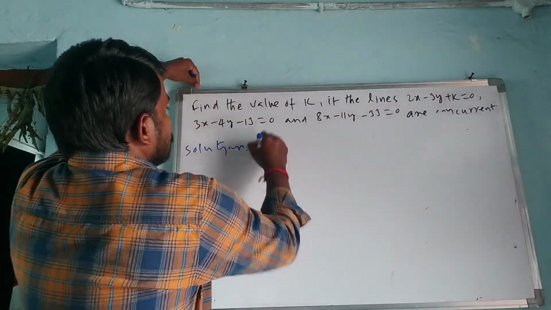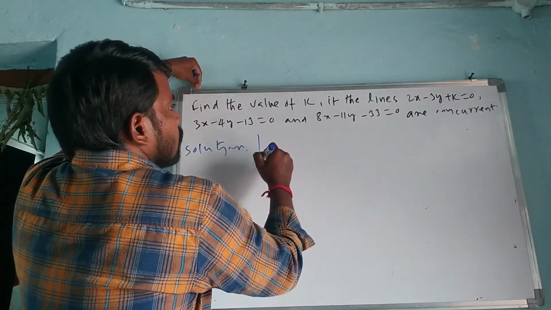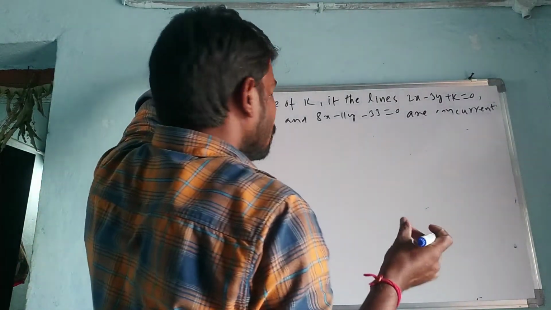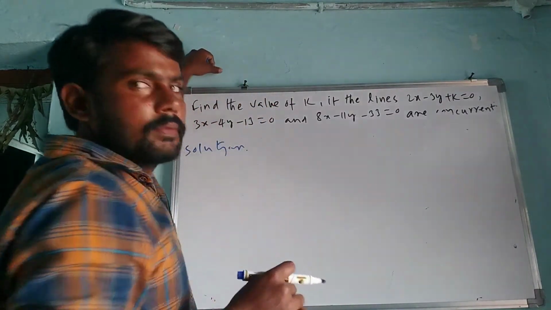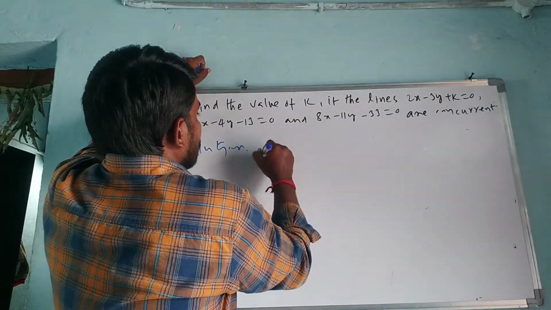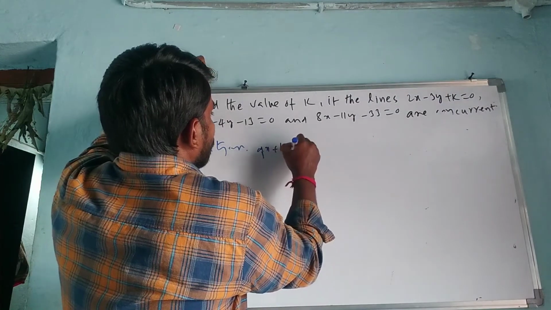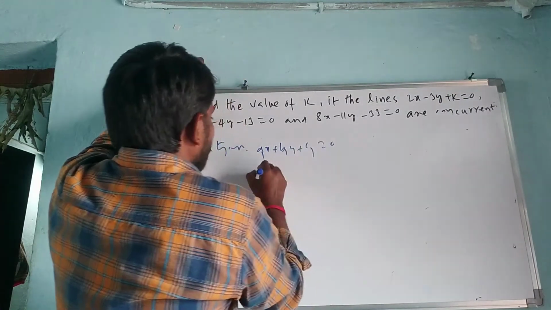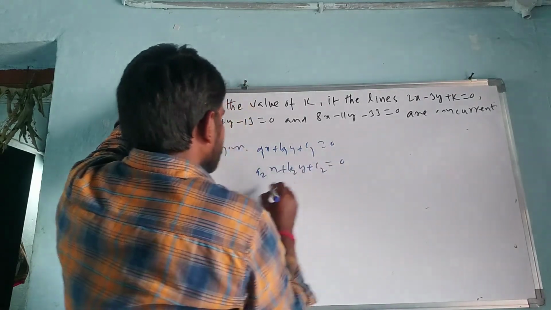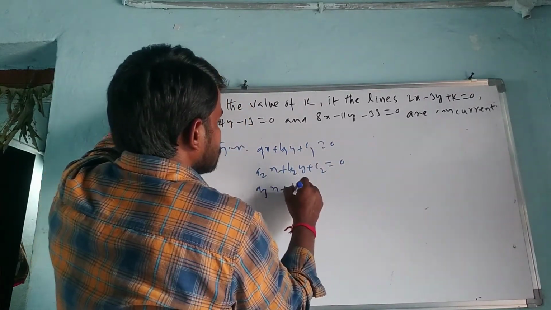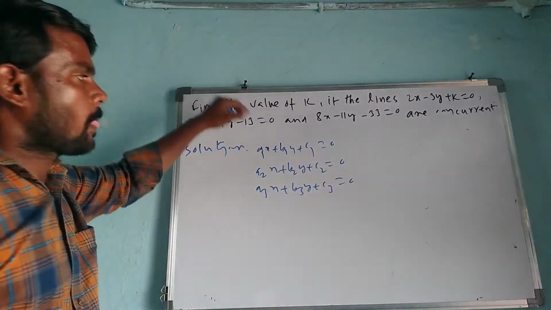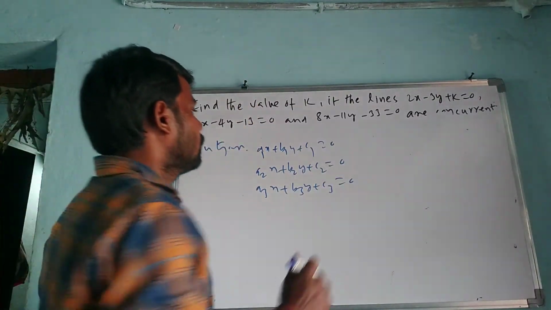Suppose the 3 lines a1x plus b1y plus c1 is equal to 0 and a2x plus b2y plus c2 is equal to 0 and a3x plus b3y plus c3 is equal to 0 are said to be concurrent.